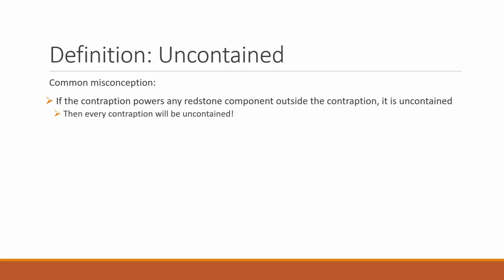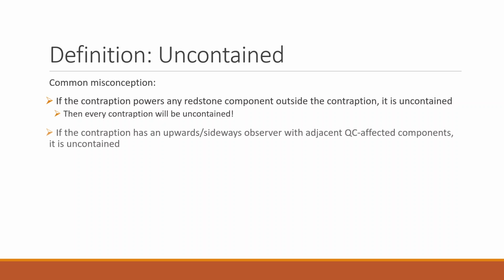So yeah, just be aware. And this is also basically one of the principles that you are not supposed to have any exterior redstone components adjacent to the contraption, because you may affect how the contraption works. I will also cover this point a bit more later.